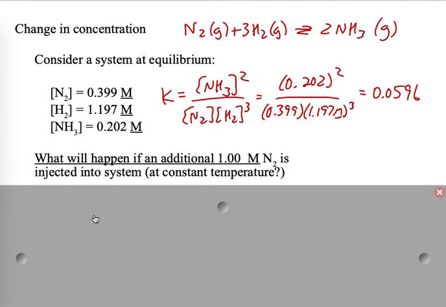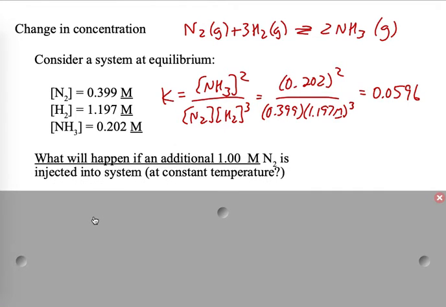So what will happen if, to this equilibrium system, I increase the concentration of N2, a reactant, by 1.00 mole per liter at constant temperature? Okay?